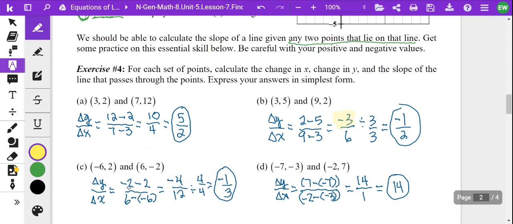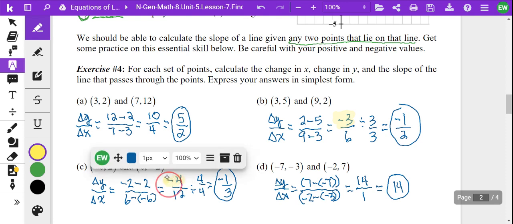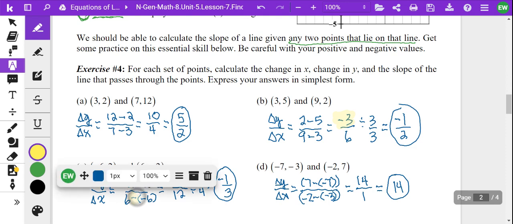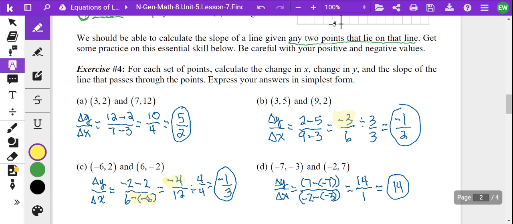Those are two negatives. I'm adding two negatives, so that gives me a negative 4, right? And you'll see that negative in the slope here. 6 minus negative 6. Two negatives makes a positive. So 6 plus 6 is 12. So those two negatives right beside each other tell me I add. So your slope is negative 1/3.